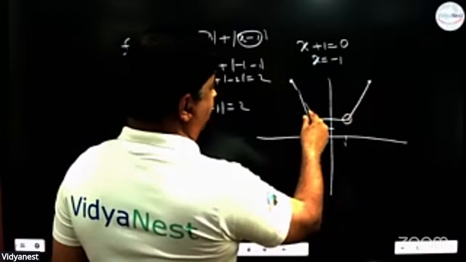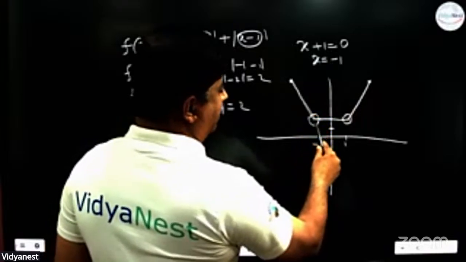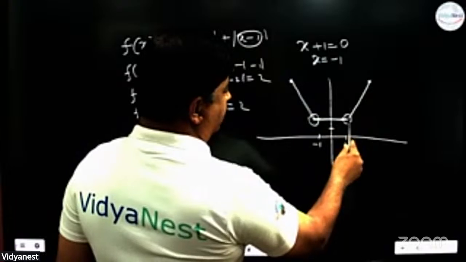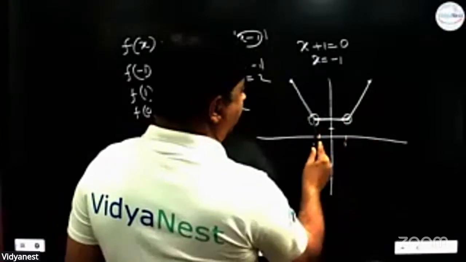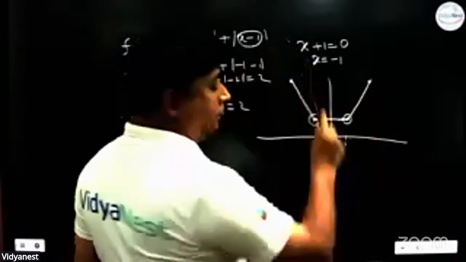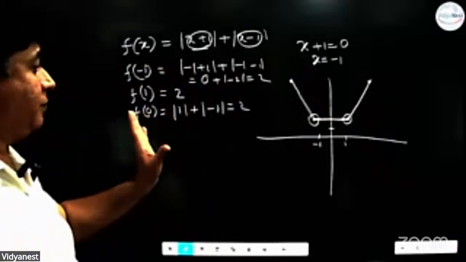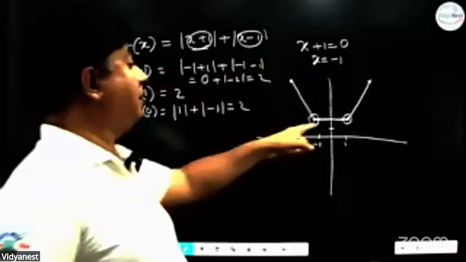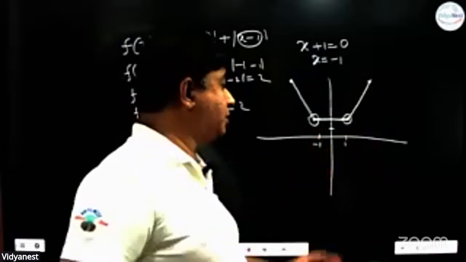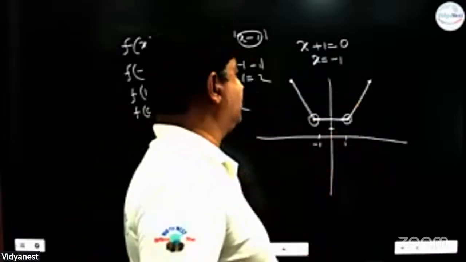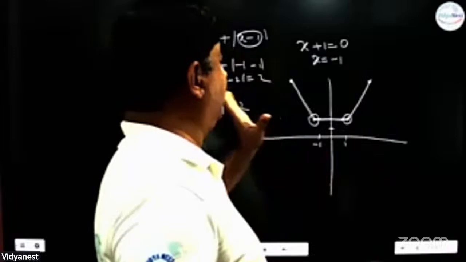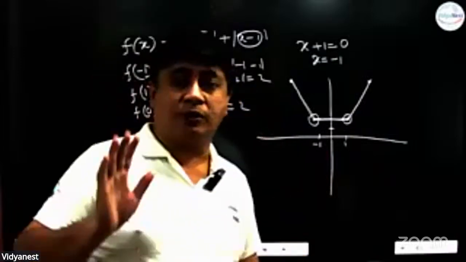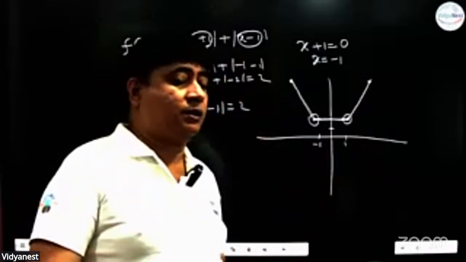You are coming and there is a sharp turn. Then horizontal movement, again sharp turn. So in these two sharp turns, we will get multiple tangents, not unique tangents. So these 2 points will be called non-differentiable points. When we will do differentiation, obviously we will discuss more on it.